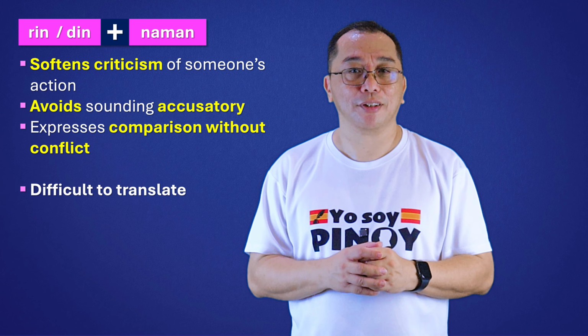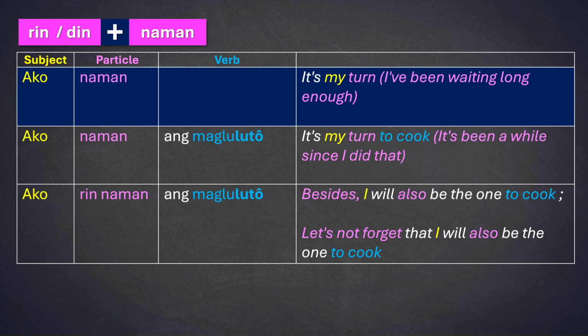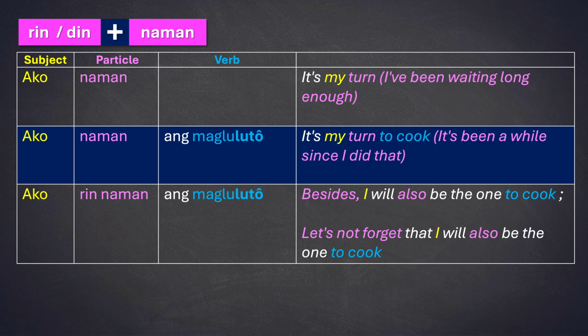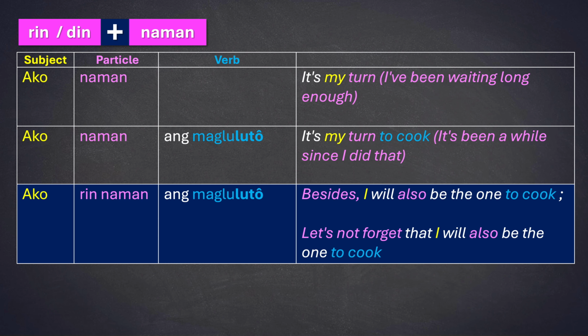Here's our examples. Ako naman. It's my turn. I've waited long enough. Ako naman ang magluluto. It's my turn to cook. It's been a while since I did that. Ako rin naman ang magluluto. Besides, I will also be the one to cook. Or, let's not forget that I will also be the one to cook.